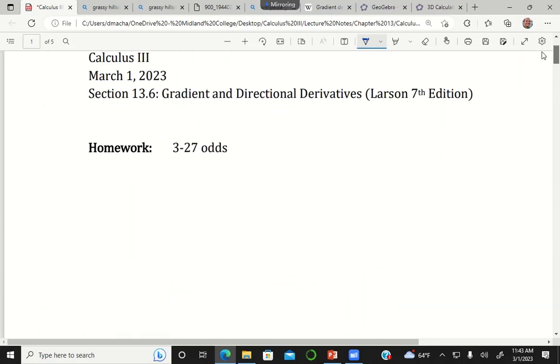Let's do an example. Like I told you, your homework was going to be 3 through 27 odds, so let's start working at number 4 and we'll do the evens in class. Number 4 says we've got f of x, y equals y divided by x plus y.